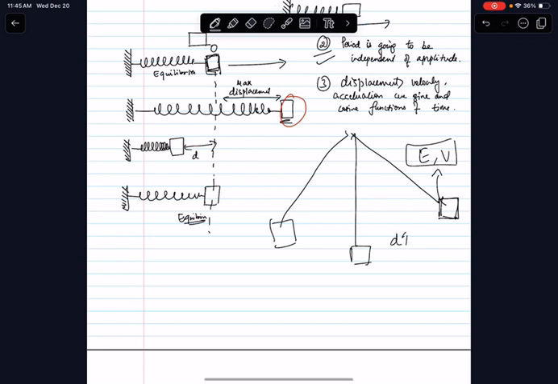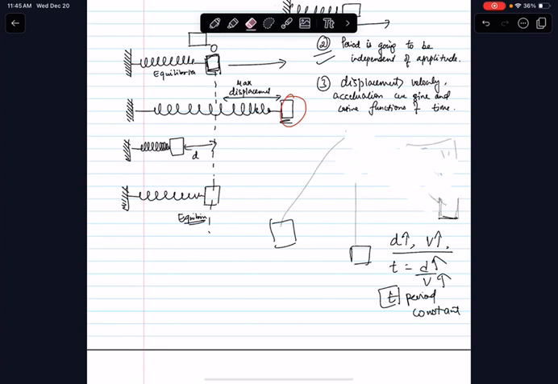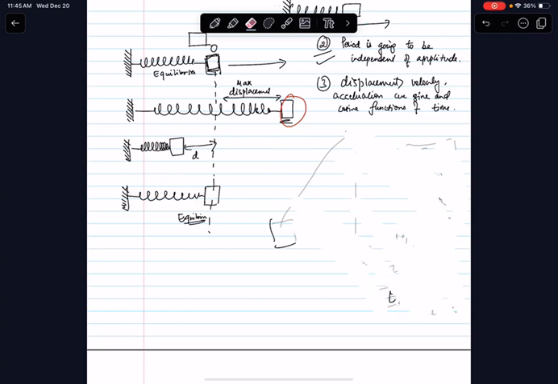So even though the distance goes higher, the velocity also goes higher. So we know that the time is just displacement by velocity. So if you're increasing displacement, you're also increasing velocity. So therefore the time, which is your period, is going to stay constant. Okay? So therefore the period is going to be independent of your amplitude.